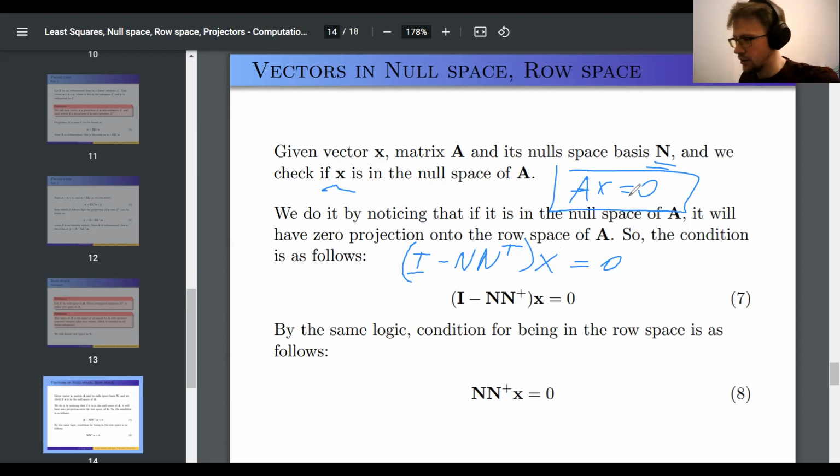Yeah, but so we have X, we have A, we have N. If we have A, we can write this condition. If we have N, we can write this condition. What is the condition that you propose to write? X should equal N times Z.